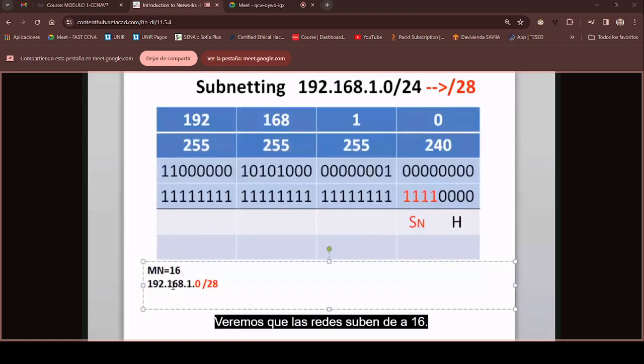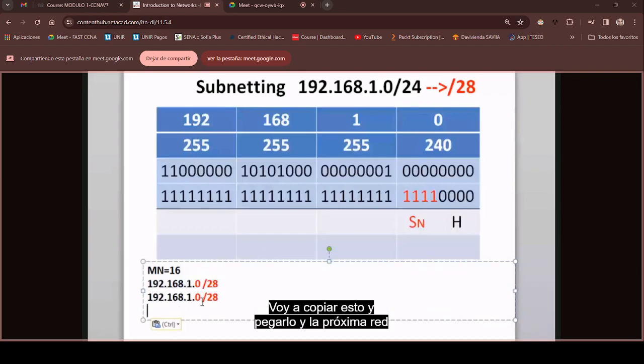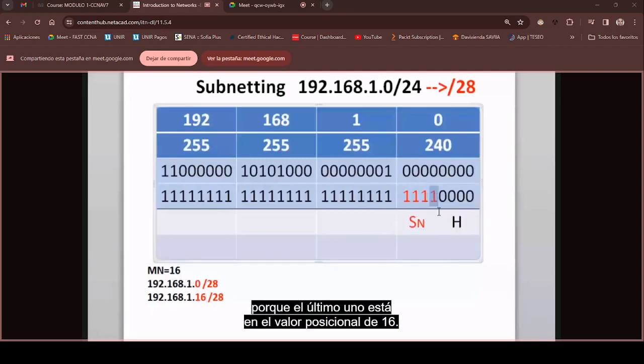We'll see that the networks go up by 16. The first network is always 0, so 192.168.1.0/28. I'll copy this and paste it, and the next network will be the 16 network. Why? Because the magic number is 16, because the last one is in the place value of 16.